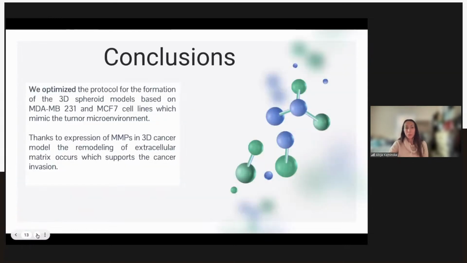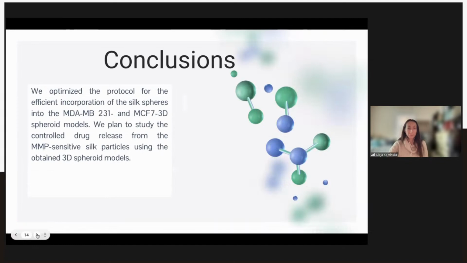As a conclusion, we optimized the protocol for formation of a 3D spheroid model based on two cancer cell lines to mimic the tumor microenvironment. And thanks to metalloproteinases, we could support the cancer invasion and see how it is going. The second conclusion is that we optimized the protocol for efficient incorporation of silk spheres into spheroid models.